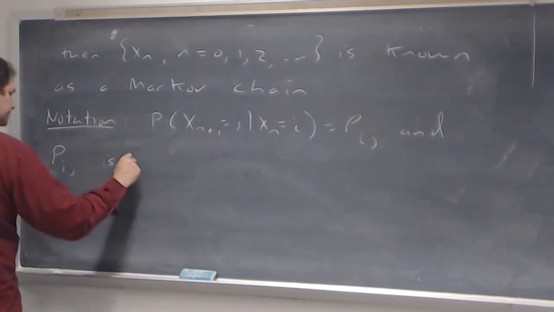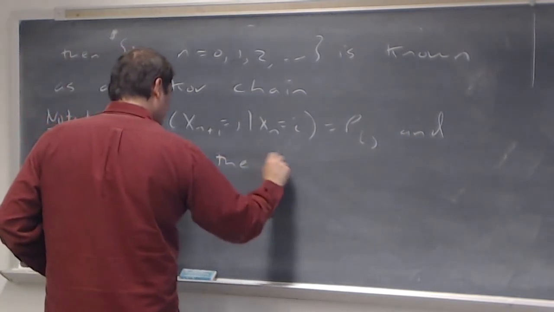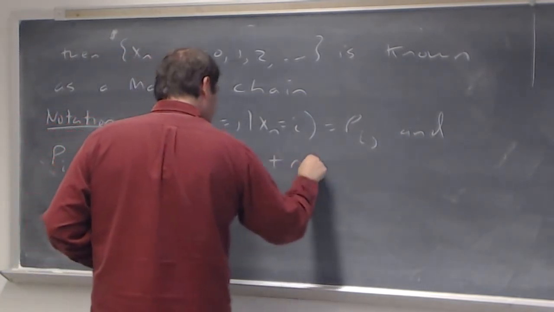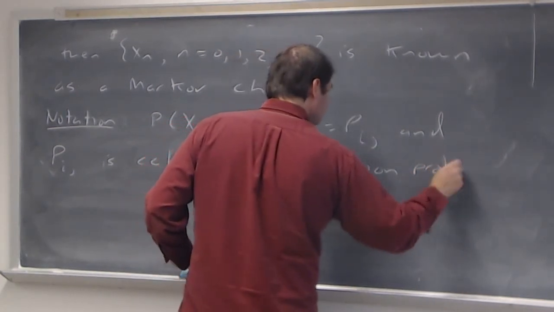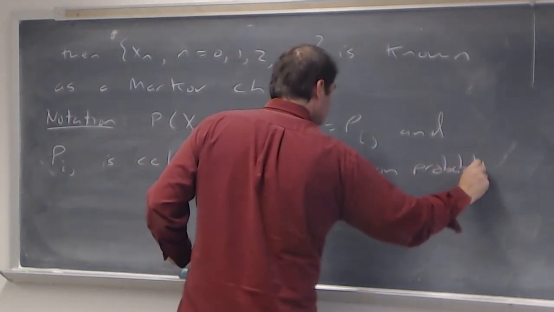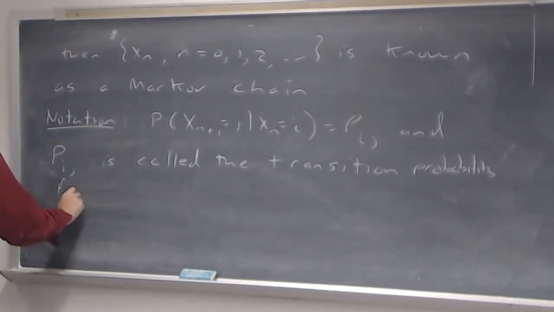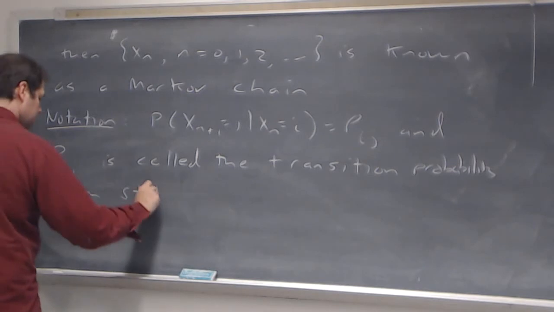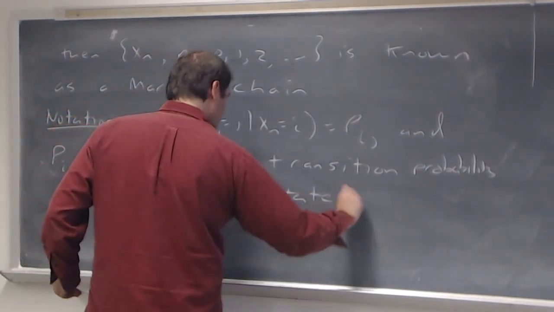And p sub ij is called the transition probability from state i to state j.